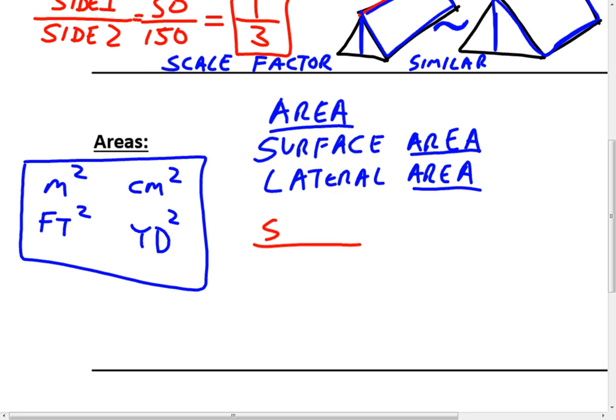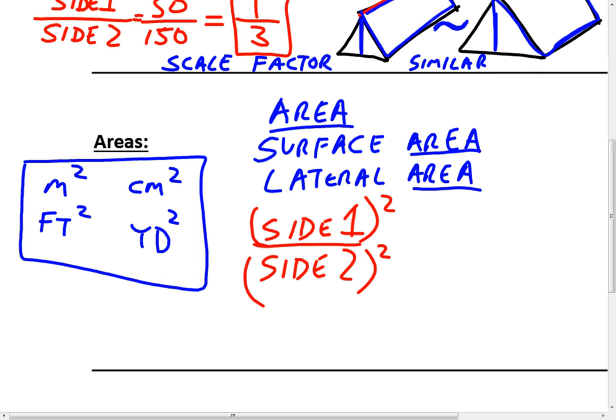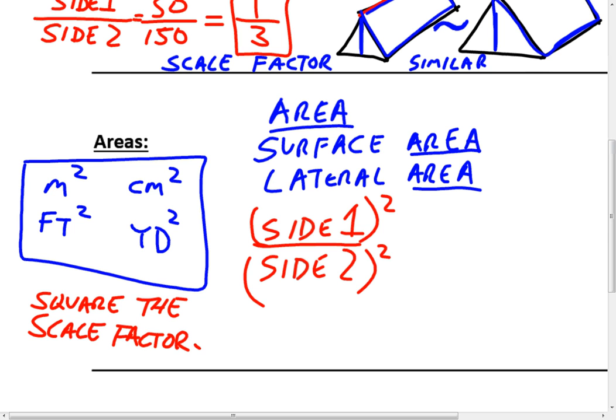So I'm going to take side 1 and side 2, and I'm going to square them. Does it have to be side 1 and side 2? Could it be height 1 and height 2? It could be perimeter 1, perimeter 2. They all are the scale factor. So what I'm really doing is square the scale factor, which comes from the lengths.